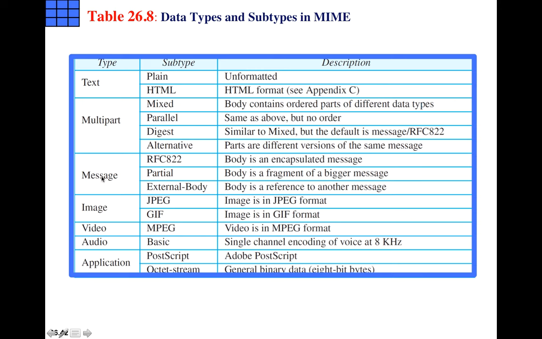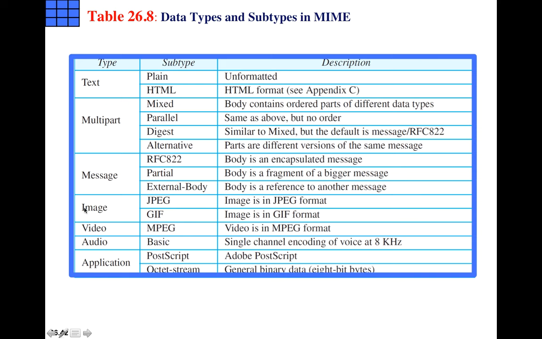We have the message format being either in an encapsulated form, or it is part of a bigger message, which means it has been fragmented, or it is an external body which is a reference to another message. So this is another type of MIME.